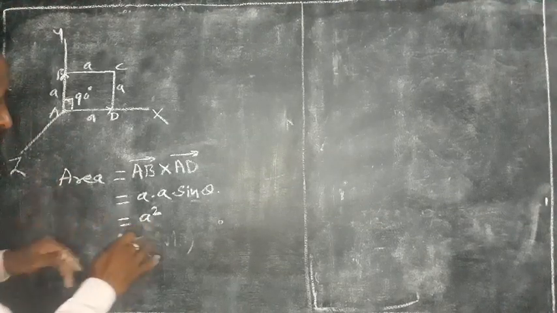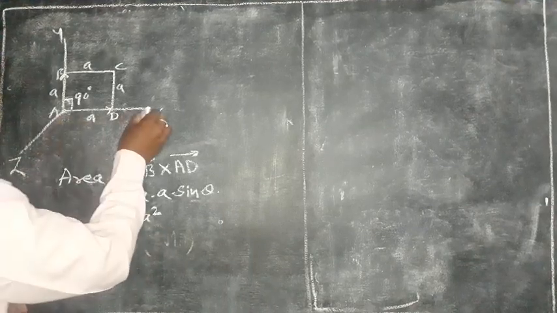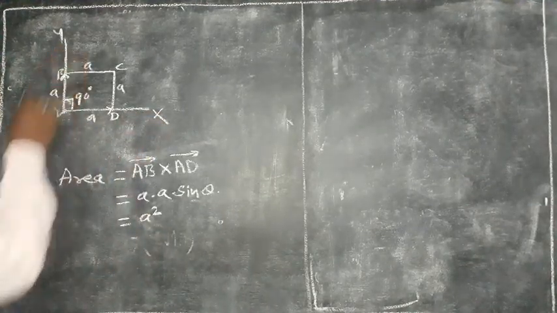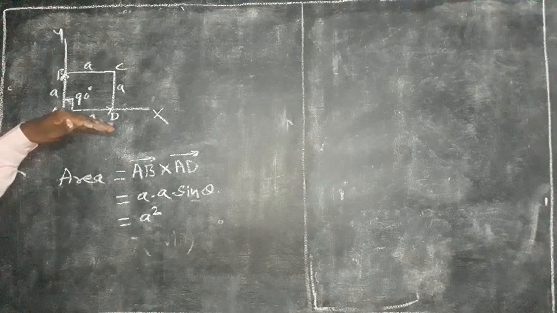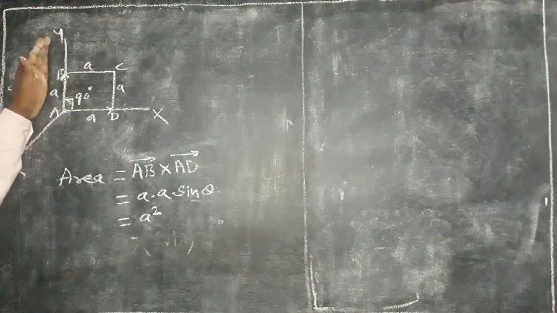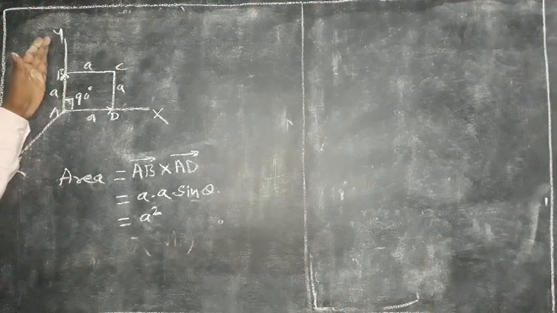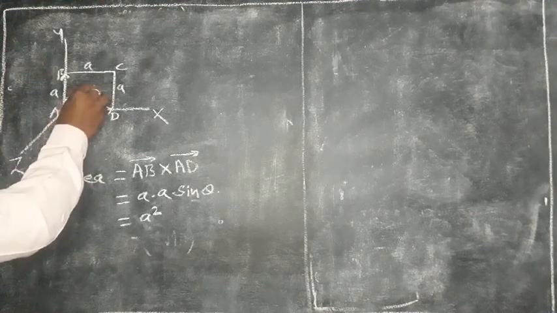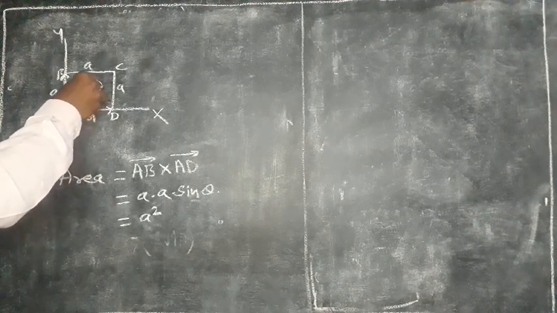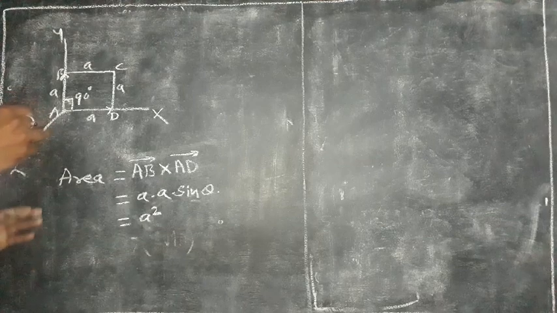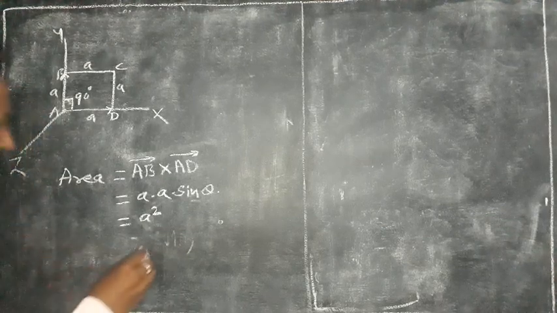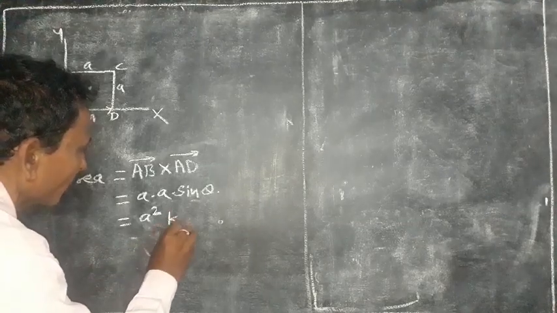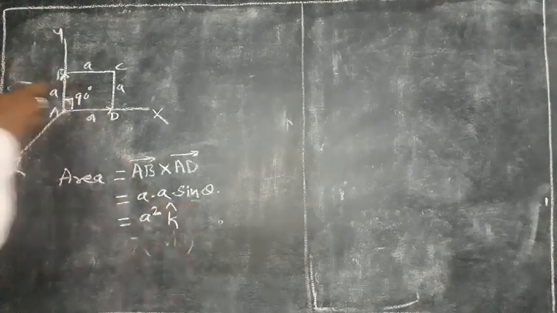And the direction, it is along x-axis and y-axis, then z is perpendicular to both x-axis and y-axis. Hence, the area vector is along the z-axis and the unit vector along the z-axis is k cap, so A square into k cap for outward normal.